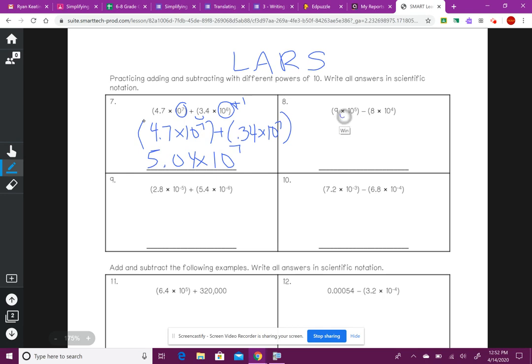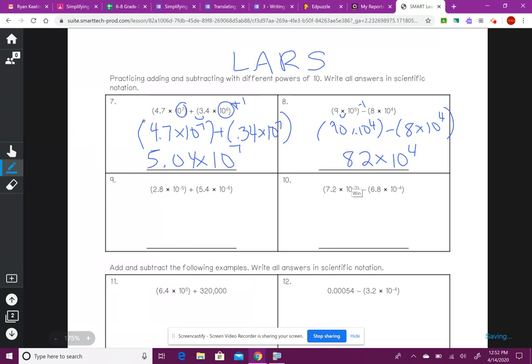If I go to the right 1 spot, because I want to subtract 1 from my exponent, that gives me 90 times 10 to the 4th minus 8 times 10 to the 4th. Then you keep your exponent like normal. However, there is going to be a problem here. 90 minus 8 gives you 82.